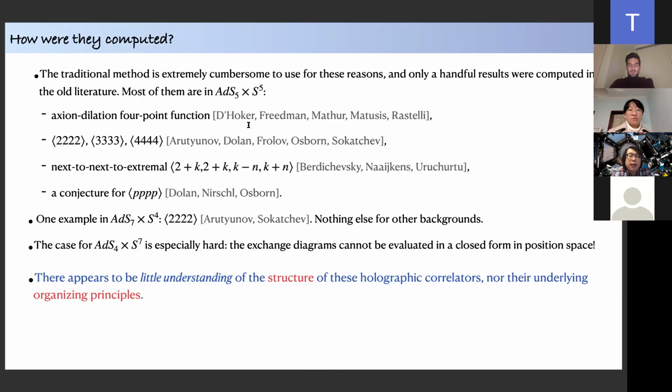Because of this, there have been very few results in the literature. There was one example for AdS7, but there was no result for AdS4. Actually, in that case, people couldn't even evaluate these individual diagrams. So it's fair to say that there was very little understanding about the structure of these correlators, and people didn't really understand what the underlying organizing principles are.